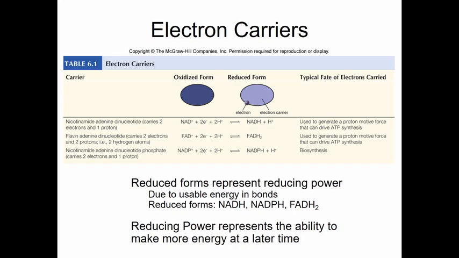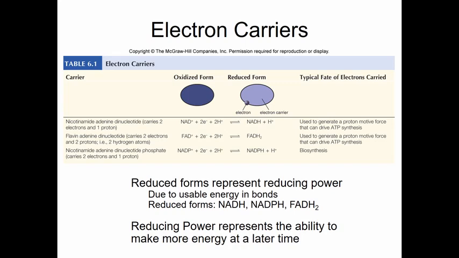Why do we need NADH, FADH2, and NADPH? They're ultimately going to help make ATP synthesis and drive biosynthesis of compounds, okay? In its reduced form, it represents what's called reducing power.